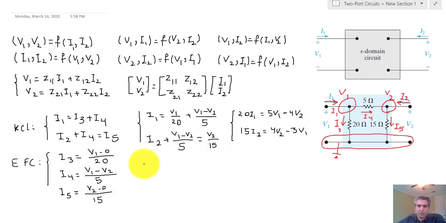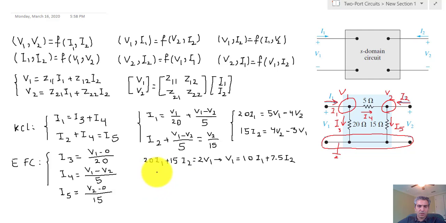So 20 I1 plus 15 I2 is equal to 2 V1, which immediately gives me an equation that is V1 as a function of I1 and I2, and that's V1 equal to 10 I1 plus 7.5 I2. Now I can use this, put it into this equation, and write V2 as a function of I1 and I2.